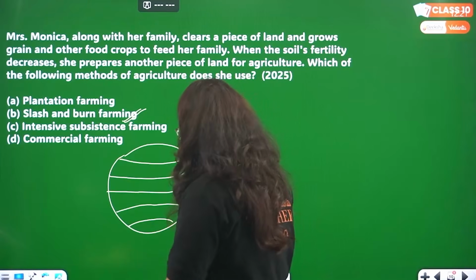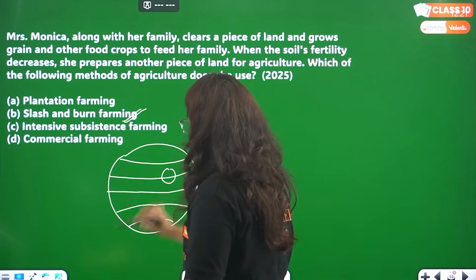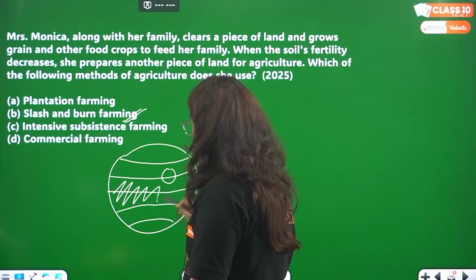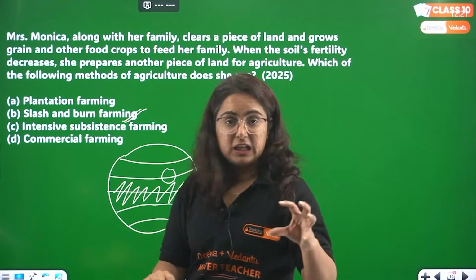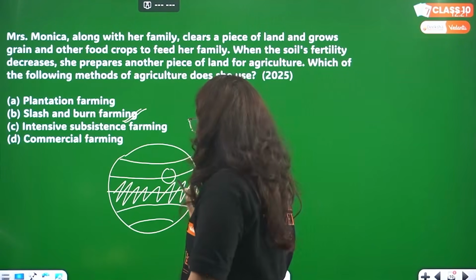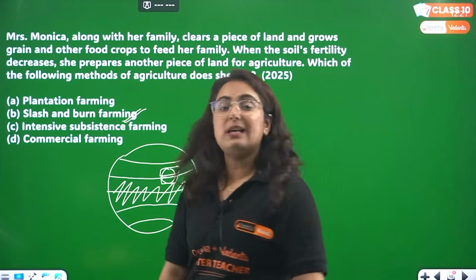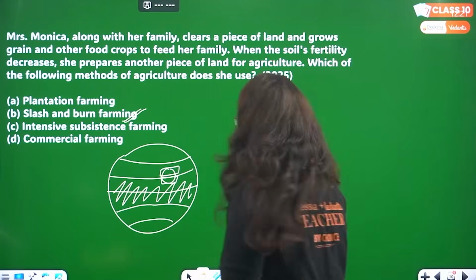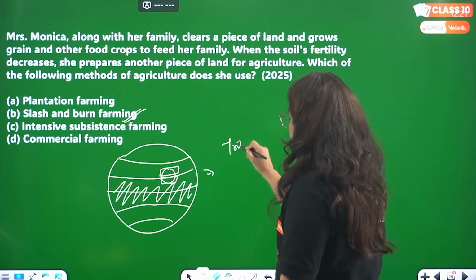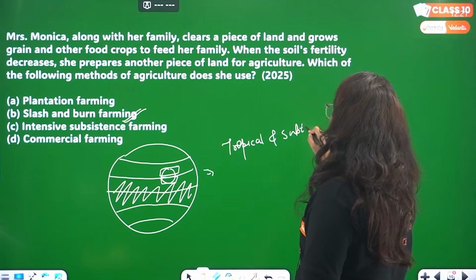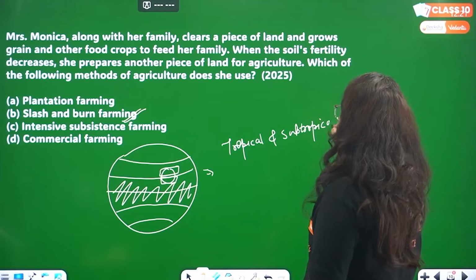India lies somewhere here, and the region from Tropic of Cancer to Capricorn is known as beta tropical region, and hence the southern part of India lies in tropical part and the above one lies in subtropical part. But being a tropical and subtropical country, what difference do we make, beta?